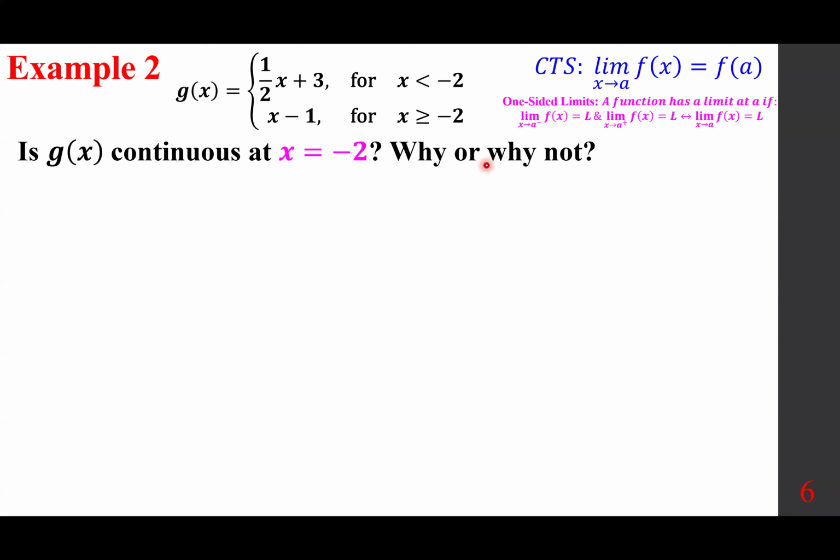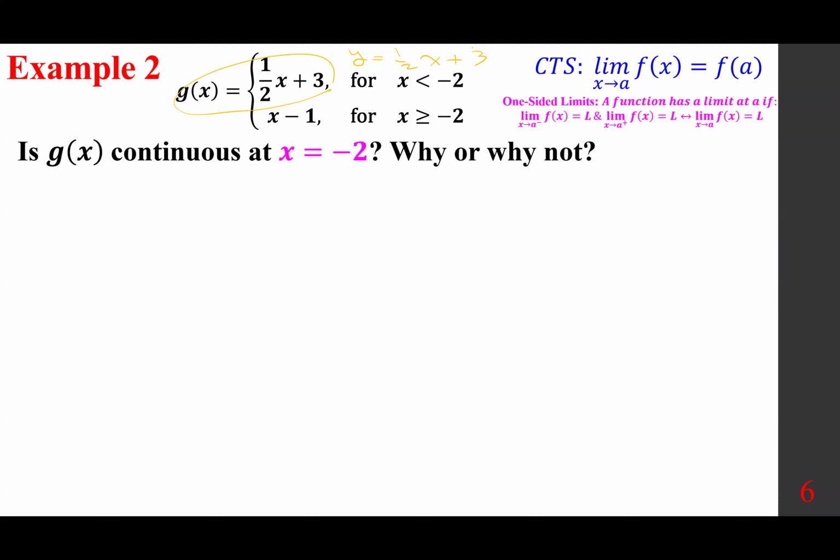Why or why not? First, it's important to know why we are interested in -2, because each piece is a linear function, is a line. The top piece is y equals 1/2 x plus 3, which is continuous from negative to positive infinity.